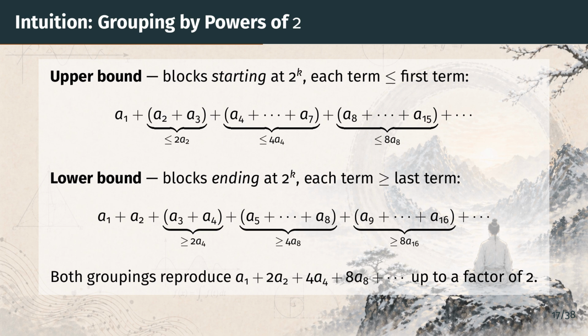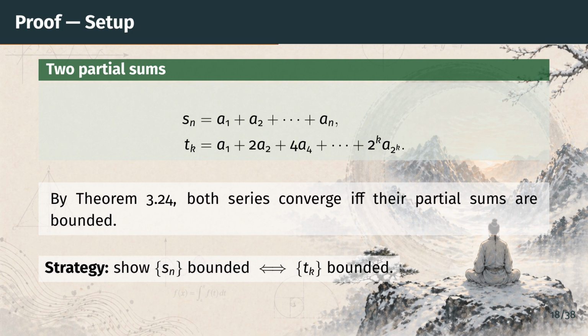Reading off these bounds gives the same condensed series, now shifted by 1 place. Both groupings, upper and lower, reproduce the condensed series up to a factor of 2. That 2-sided sandwich is the whole proof. To prove the theorem we use Theorem 3.24, which says a non-negative term series converges if and only if its partial sums are bounded.